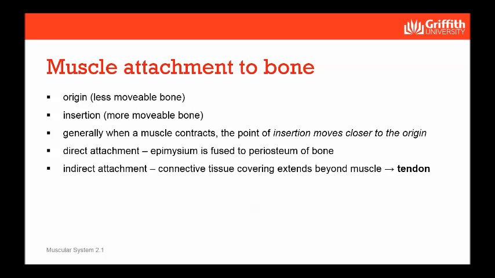Or the attachment may be indirect, where the connective tissue layering extends beyond the muscle into a rope-like tendon, which then anchors the muscle to the connective tissue covering of the bone. Tendons are usually tough collagen fibers that withstand bony abrasion, which would tear more delicate muscle tissue apart.